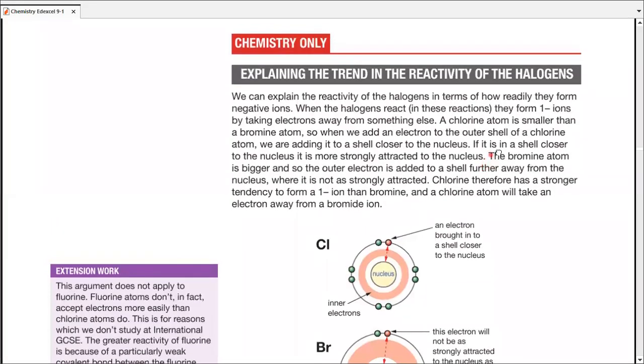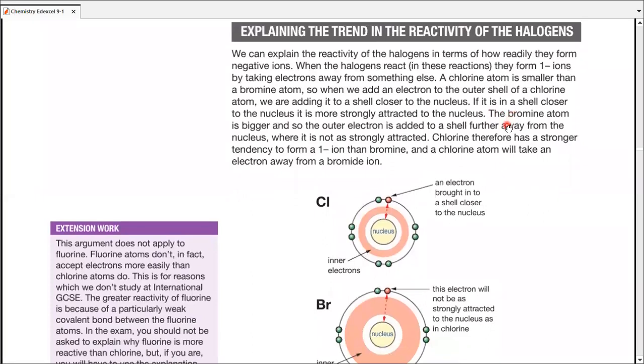Now, explaining the trend in reactivity of halogens, there are two discussable points that we are about to explain. One of them is the atomic size. If you look at it, this one is smaller in size, this one is bigger in size.